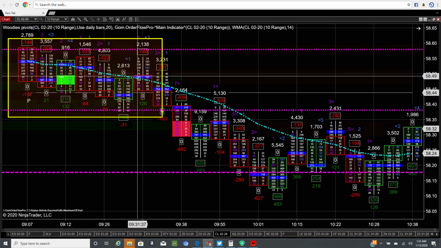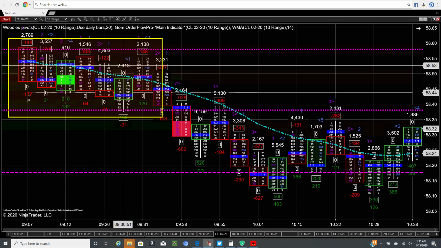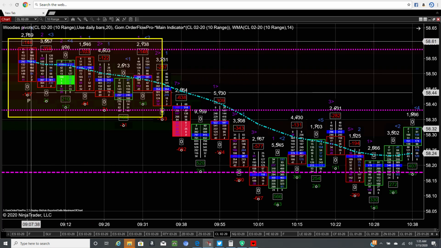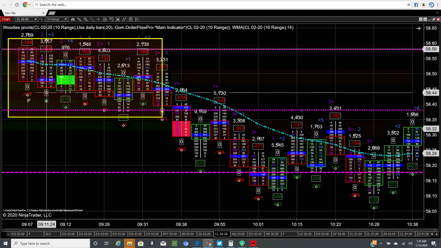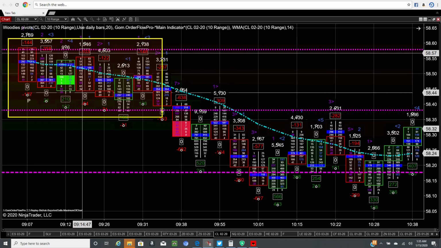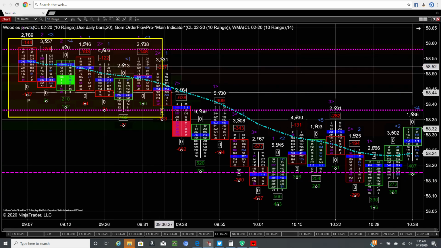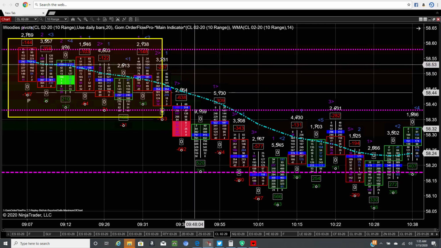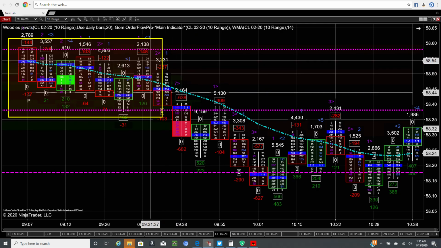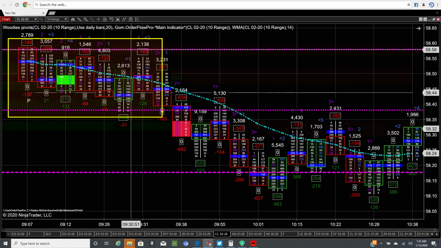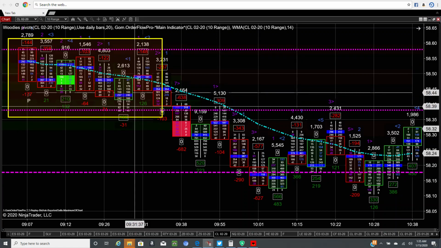Now, here's the kicker. I've gone over the tape reading with the COT, or the commitment of traders, a measurement of pressure. What I want you to notice here is these purple lines that I drew.